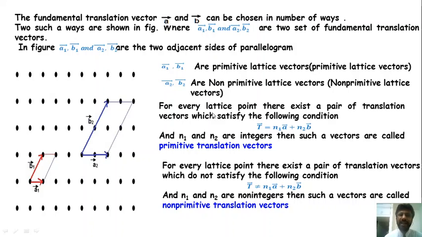For every lattice point there exists a pair of translation vectors which satisfy the following condition.